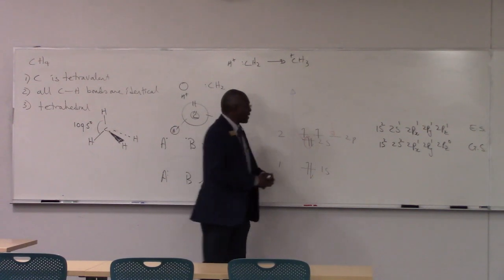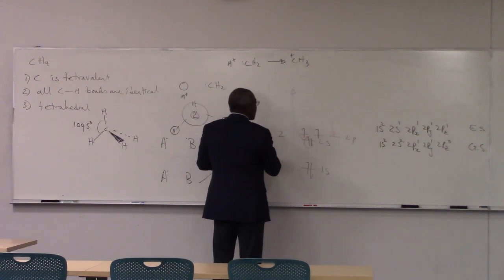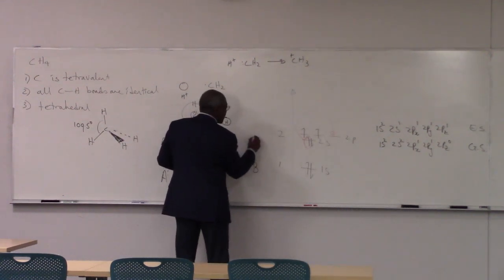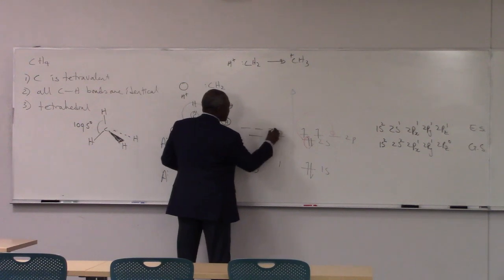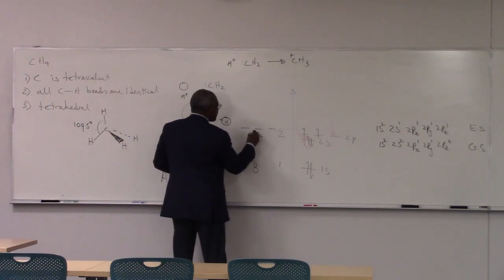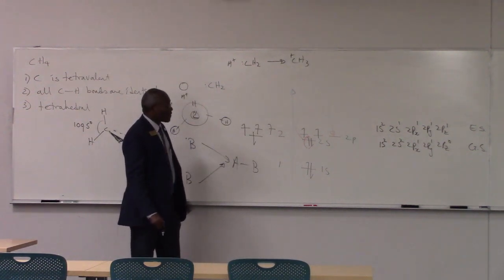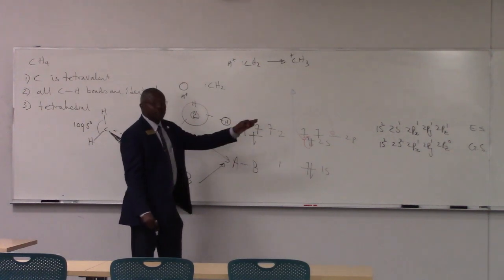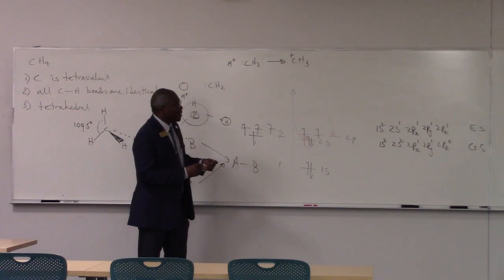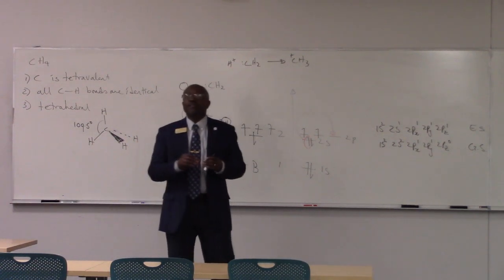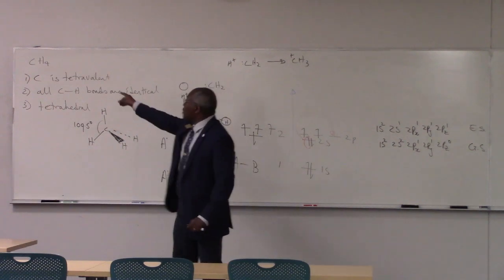By the way, if I were to draw that configuration, it would look like this. I have my 2s and my 2p's, and I'll have one electron here, and then my 3 electrons here with the same spin, because they would obey Hund's rule. So that's my excited state. Okay, good. What does this excited state help me do in terms of explaining how carbon does methane?